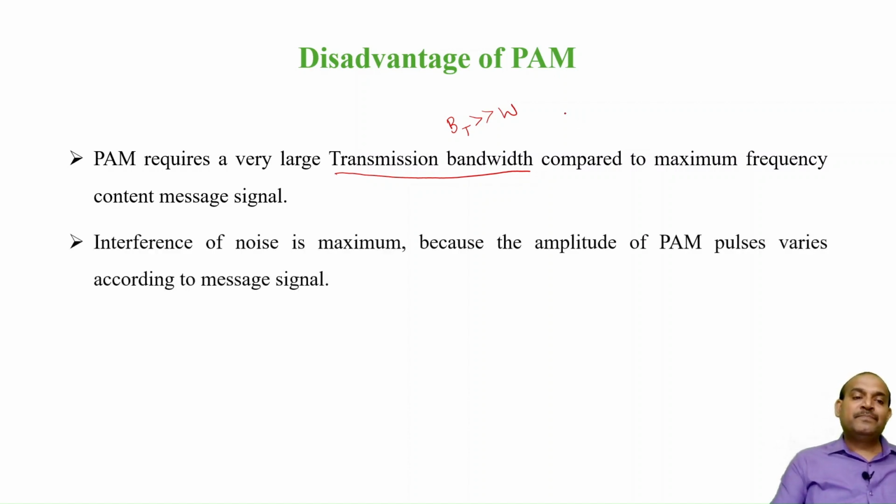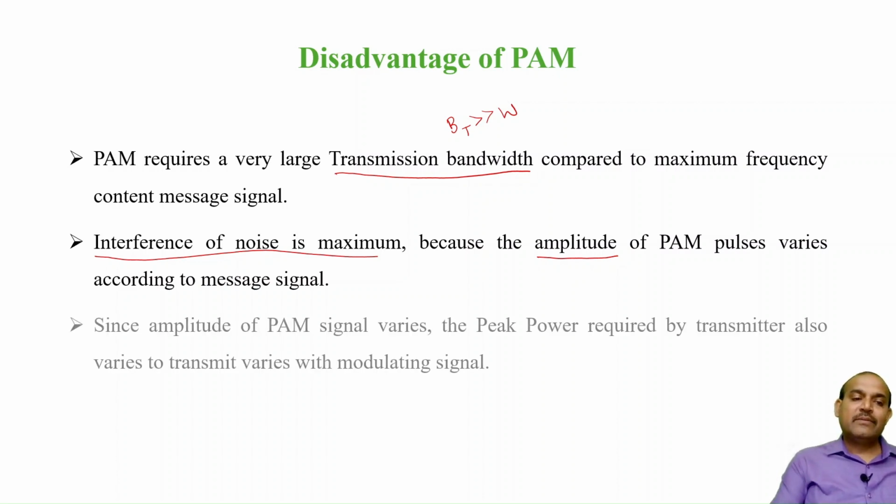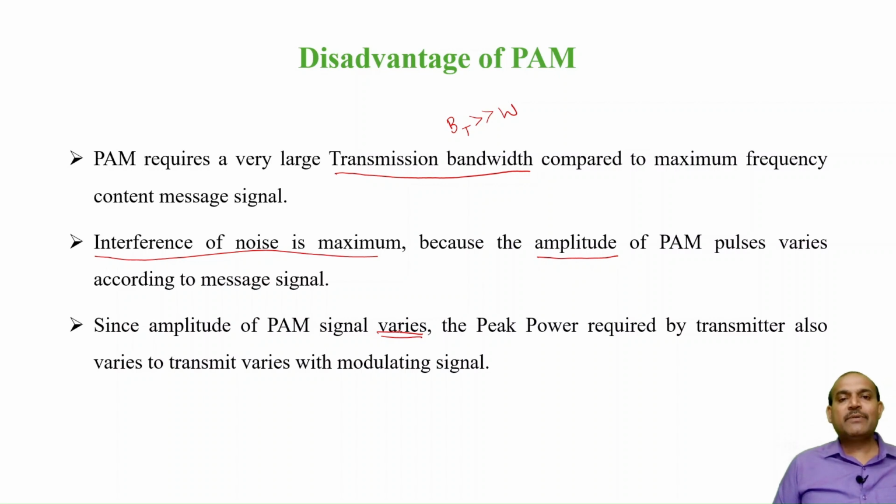The other important disadvantage of PAM is that there is more interference of noise, because the amplitude keeps on varying. When the amplitude is varying, the noise accumulation is more, so you get more noise. One more disadvantage is that, according to the definition of PAM, the amplitude of the pulses varies with respect to the message.